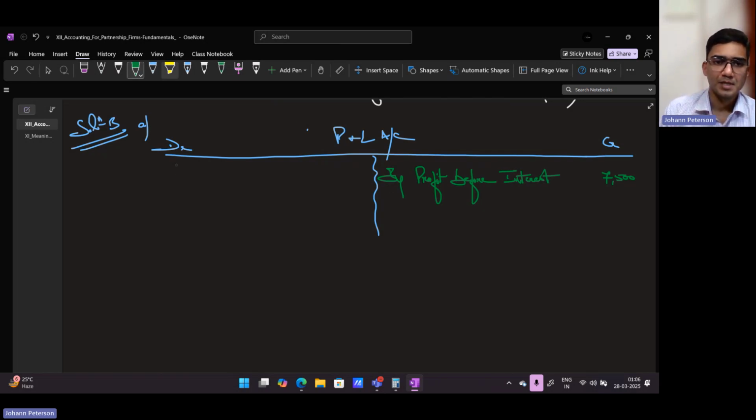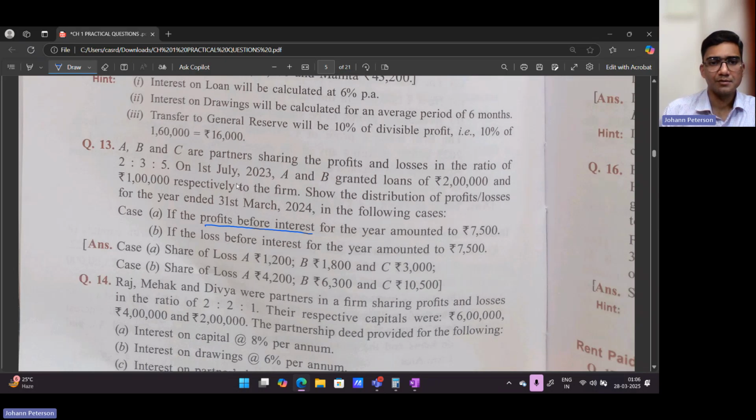Yeah. Then now we have to show this interest. So here I'm going to write to interest on the loan, right? So we have to pay interest. Who are these people who have given us the loan, A and B, granted loans of 2 lakh and 1 lakh respectively on 1st of July.